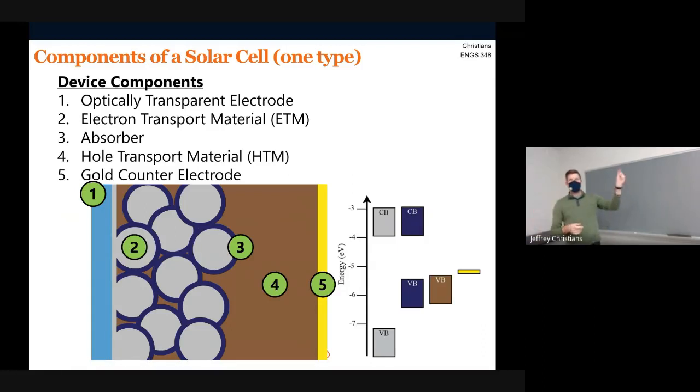The light blue on the left, that's an optically transparent electrode. It's a piece of glass that we put something on that's conductive. So a solar cell has to have a positive and a negative, just like a battery has a positive and a negative. We have 2 electrodes, and one has to be transparent because you have to get light inside of it. That's like the whole point.